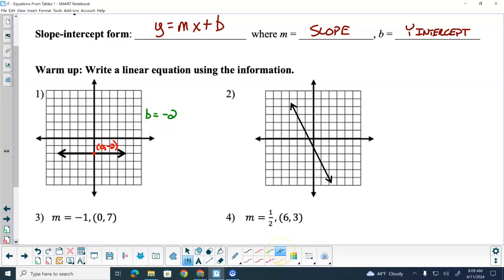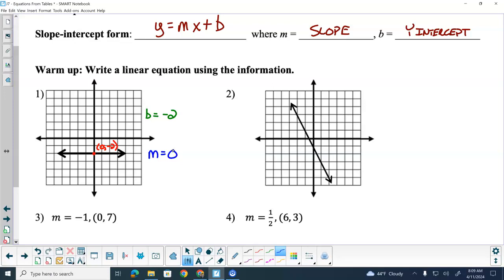2 over, right? 0 over any number, so that just reduces down to 0. 0 divided by anything is 0. So the slope is 0. What did you come up with for the equation of the line for that one, if the slope is 0 and the y-intercept is negative 2?